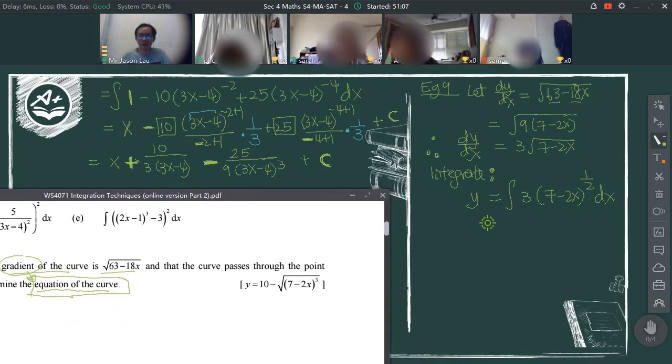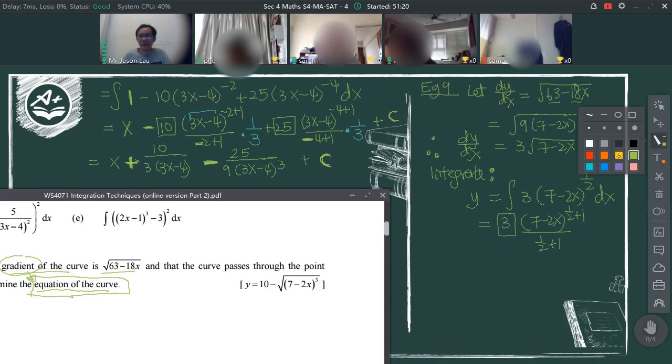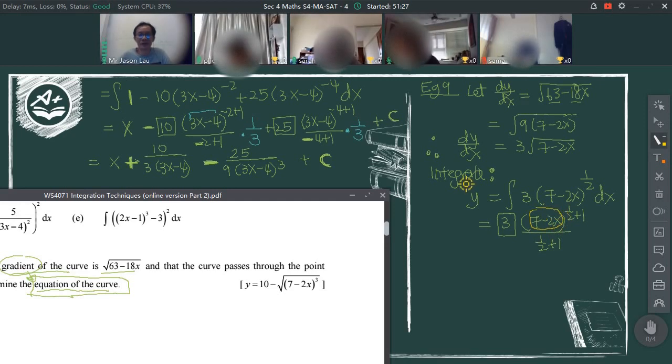Don't need to write so many things. Then equal to the 3, leave it. Then (7 minus 2x), focus on the power first. Then chain rule. Differentiate 7 minus 2x is negative 2, so we put a 1 over negative 2. Then plus c. Can follow?